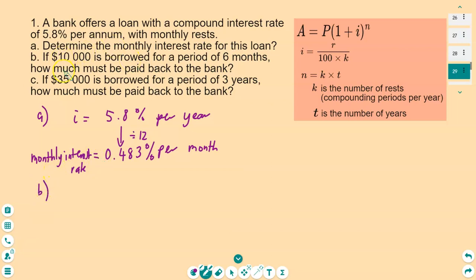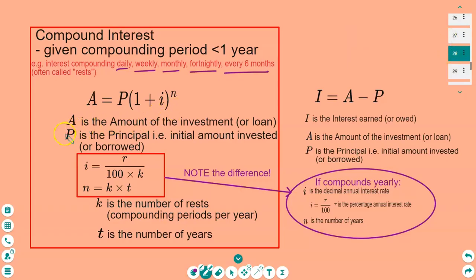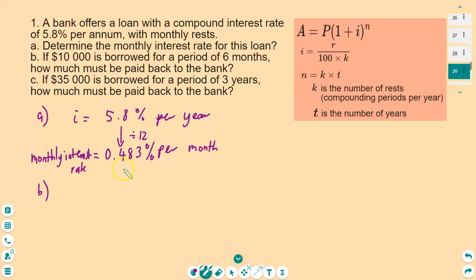Part B. If $10,000 is borrowed, that means that's the principal. Let's write it down. For a period of 6 months, how much must be paid back to the bank? So here's where it's a little bit different.